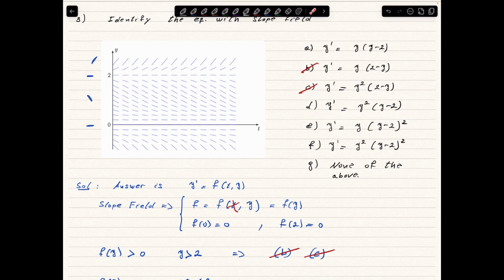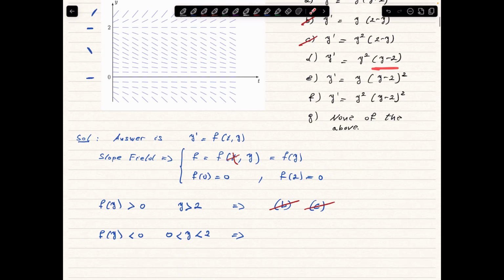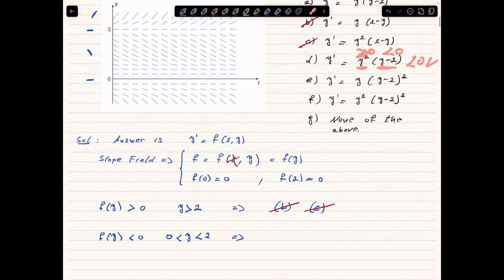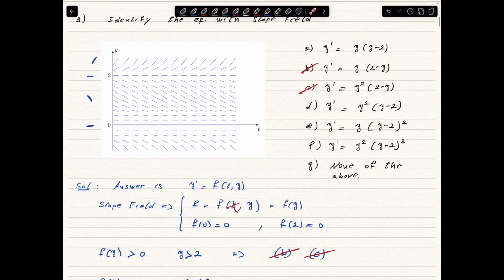What about here? We already discarded these two, so we don't look at those anymore. So here we are between 2 and 0. Between 2 and 0, this is negative, and this is positive, so negative. Okay, so D satisfies that. What about E? Notice the square here. Y is less than 2, so what is inside the square is negative, but because of the square it becomes positive, and because y is bigger than 0, this is positive.